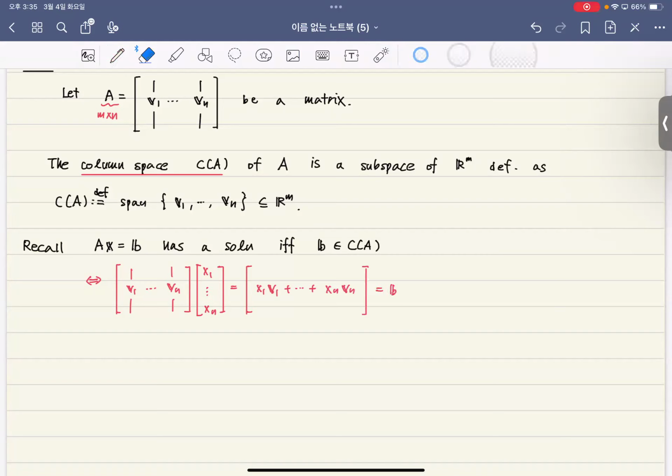Therefore, having a solution is nothing but writing b as a linear combination of the columns of matrix A. So this is that.